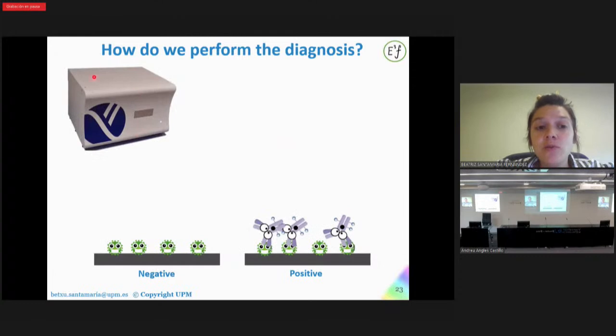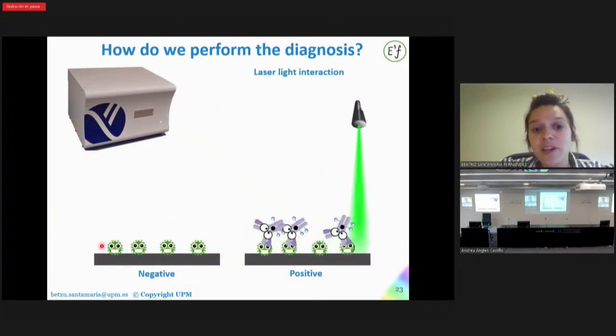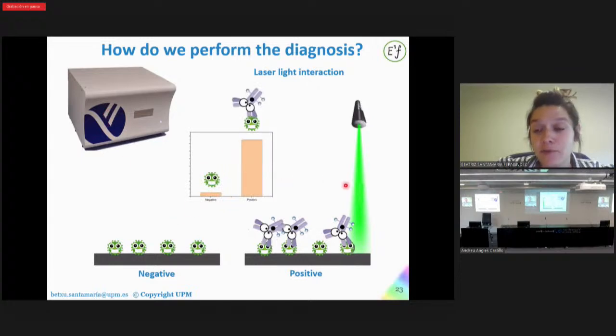Later on, we use our point of care device, and by applying laser light, we can see what happens on this surface, and the point of care device provides us the results, very simple results.